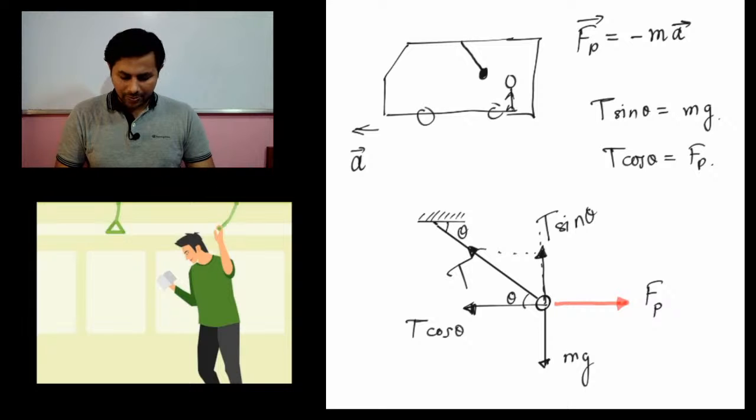If this non-inertial frame of reference is accelerating with an acceleration a bar, then the pseudo force F p bar is equal to minus m times a bar, minus the mass of the body multiplied by the acceleration of this frame of reference.